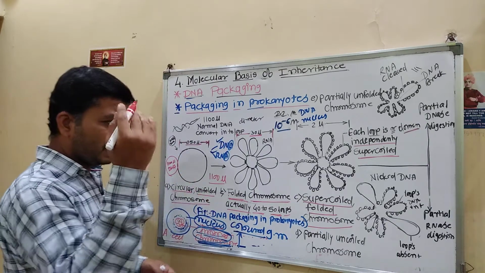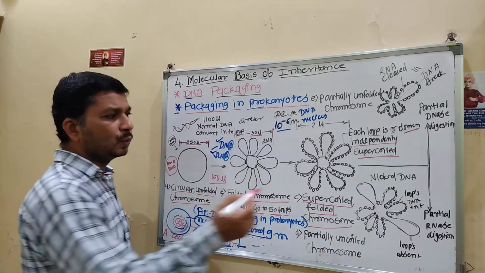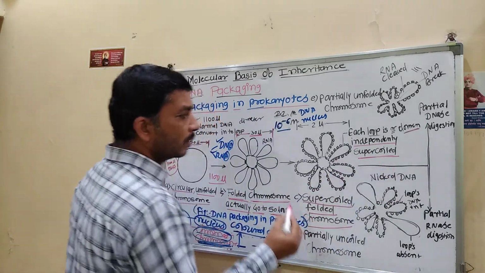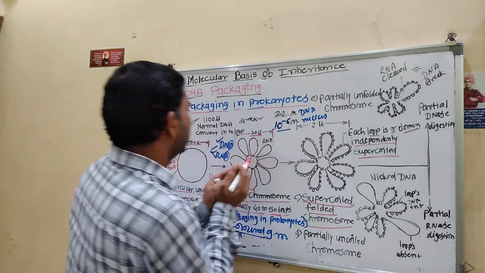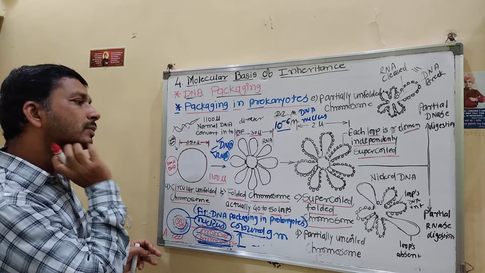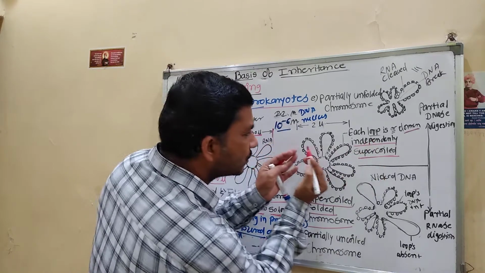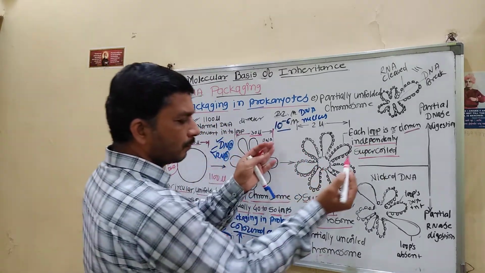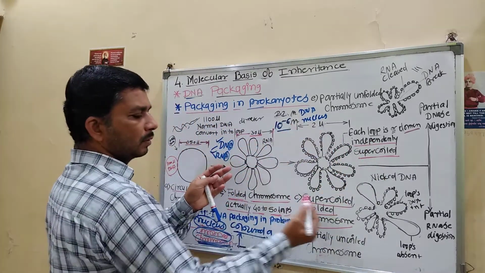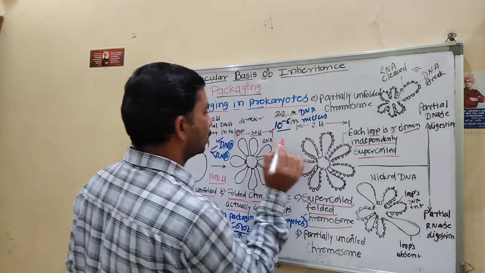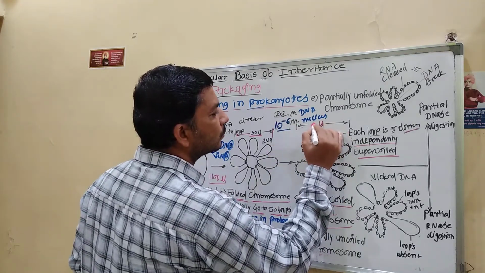Due to this supercoiling, the diameter is reduced. The diameter of this chromatin network or chromosome is reduced to 2 mu.